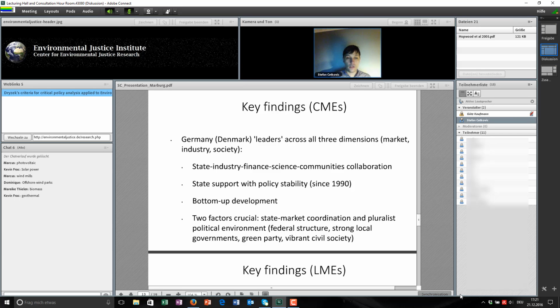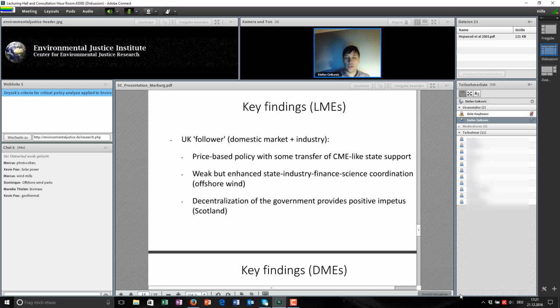And then when we look at the liberal market economies, we focus on the UK, and the UK has been a typical example of how liberal market economies go about promoting renewable energies. For a long time, the UK relied on price-based policies, market-based mechanisms, but then at some point they realized, well, this will not bring us much further.